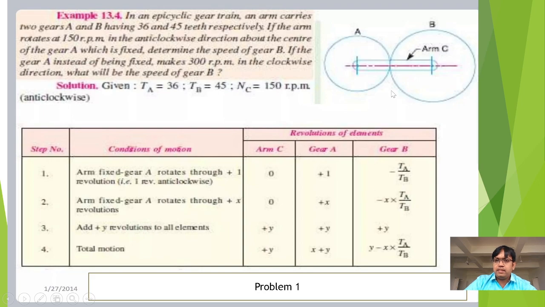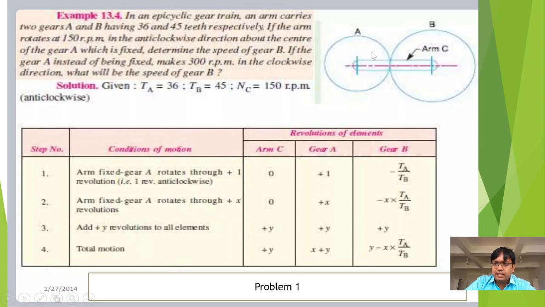You see here in this figure, we have three elements: gear A, gear B, and arm C. Because we have fixed the arm C, arm C comes in the first column. By fixing arm C, we are rotating gear A in anti-clockwise direction. Therefore, we can take gear A as the input gear, and gear A comes in the second column.